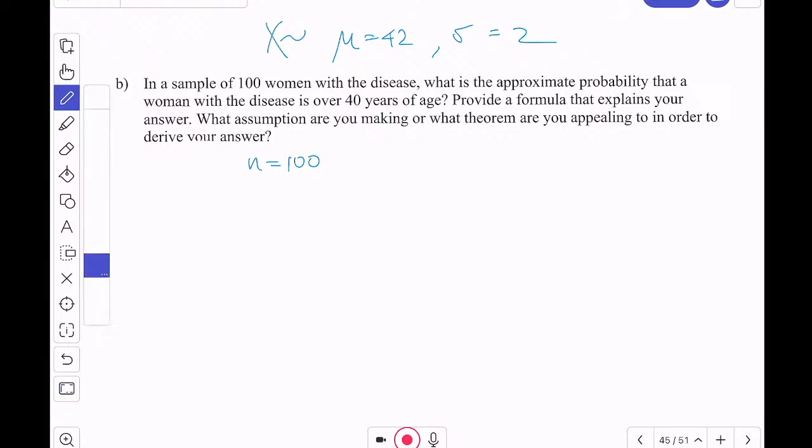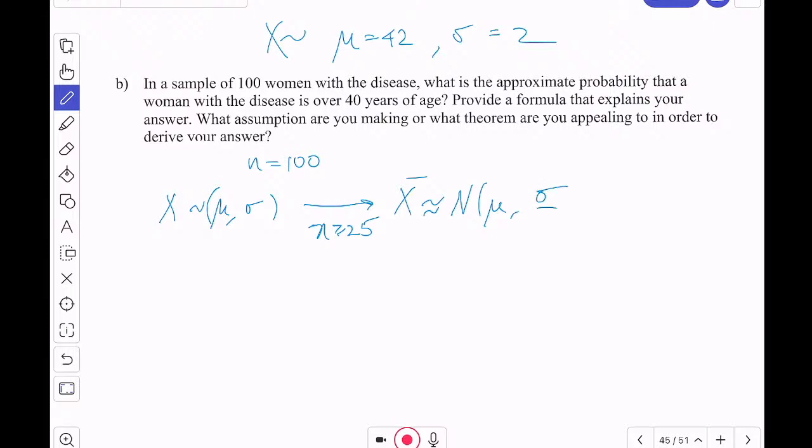Well, if X is given with a mean and a standard deviation, but I don't know the shape, if n is greater than or equal to 25, then I will find that the sample mean is approximately normally distributed with a mean of mu and a standard deviation like this.